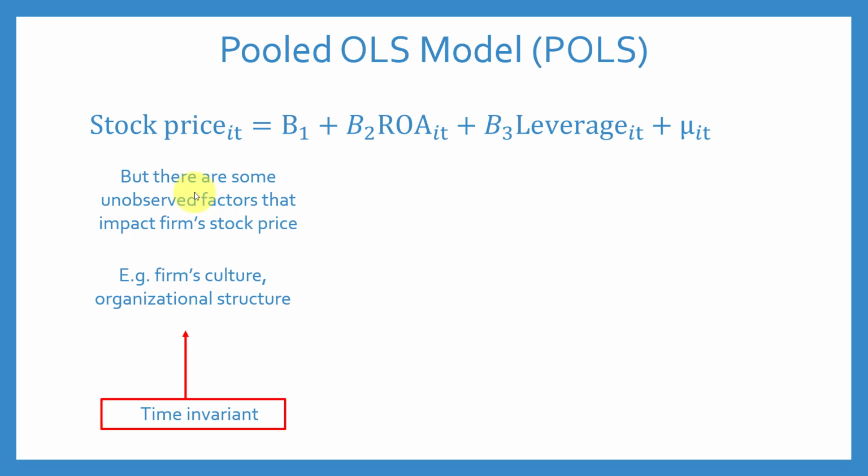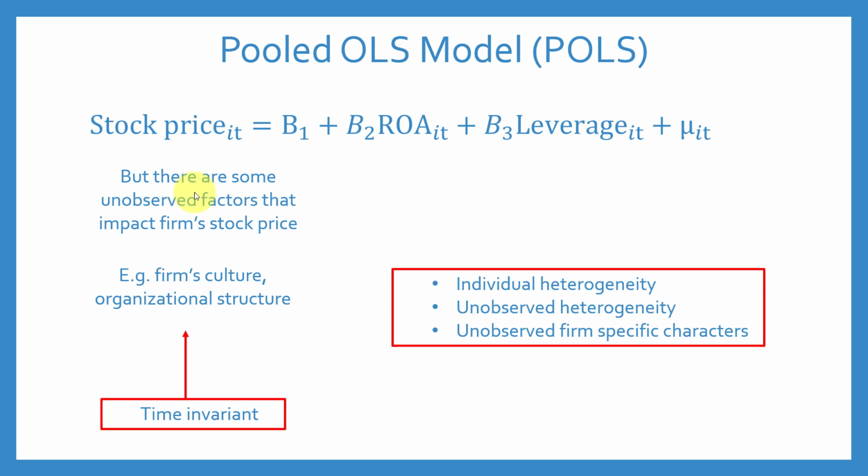A firm's culture does not change within a day; it remains the same over time. But at the same time, we cannot observe these variables. So we call them unobserved heterogeneity, or individual heterogeneity, or unobserved firm-specific characteristics that would have an impact on our dependent variable.